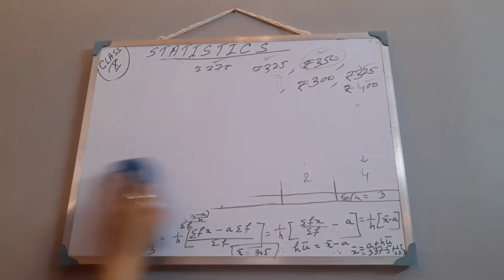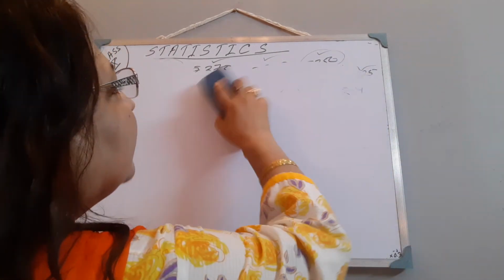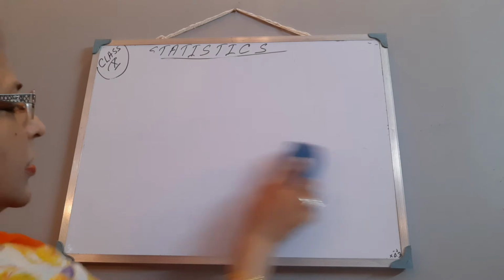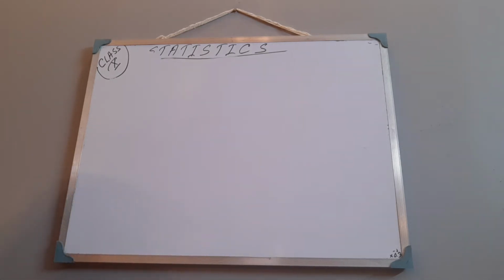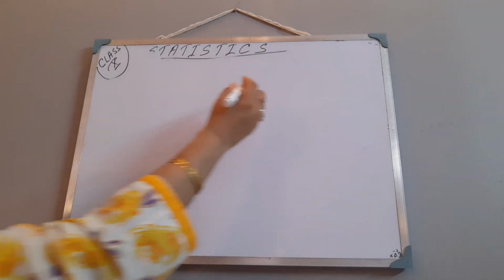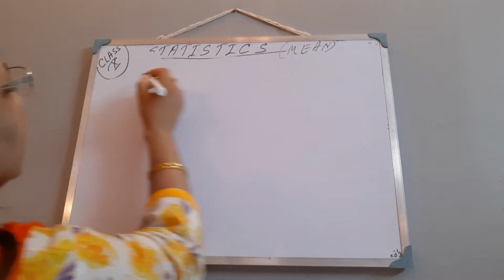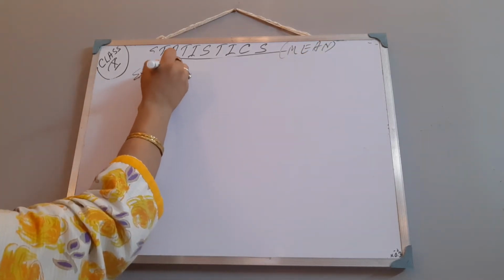Let me rub the board. Now all the methods, I think everything is clear to you. Now this is exercise 26.1 in the chapter on mean.